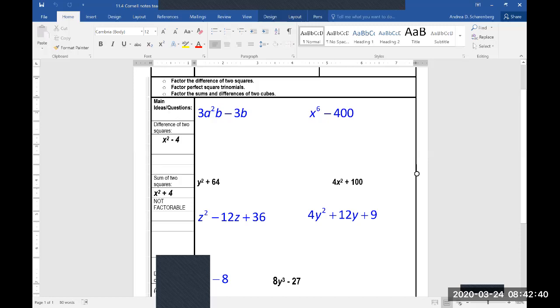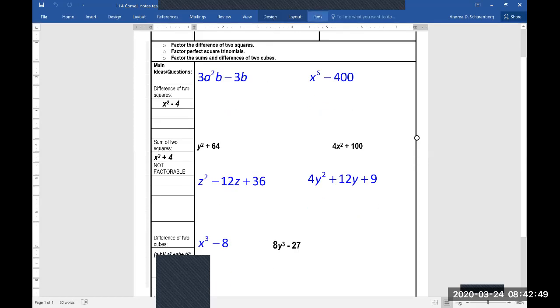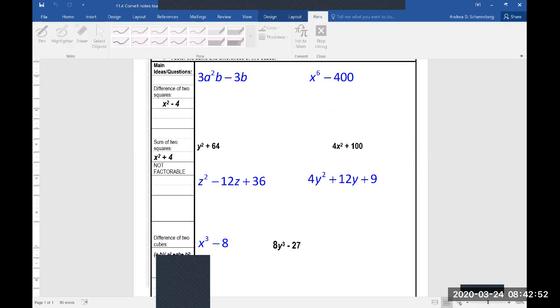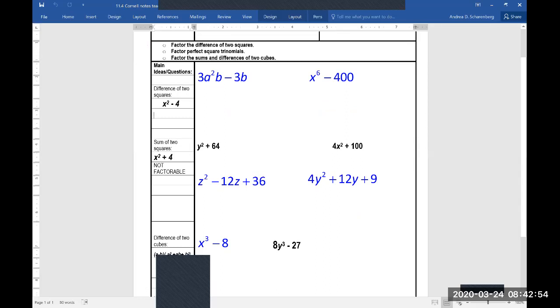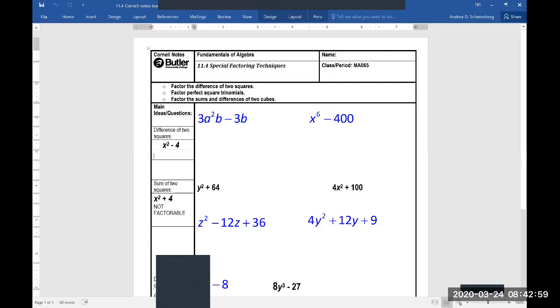So if you see that it is two factors and it's the difference, and both of these are perfect squares, what you're going to see is it looks like this. The first one is x minus 2, and the second one is x plus 2.